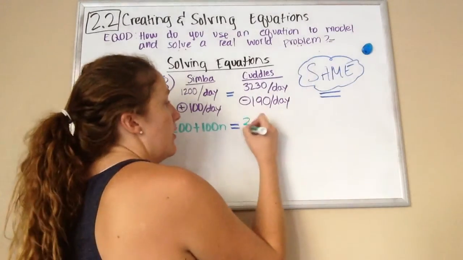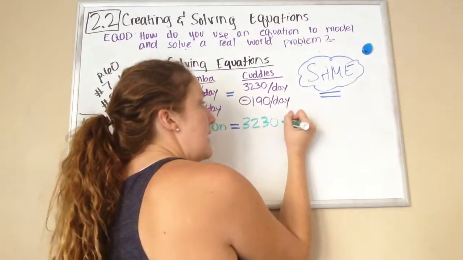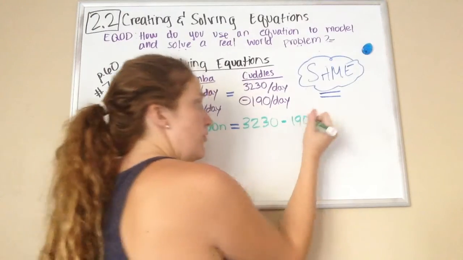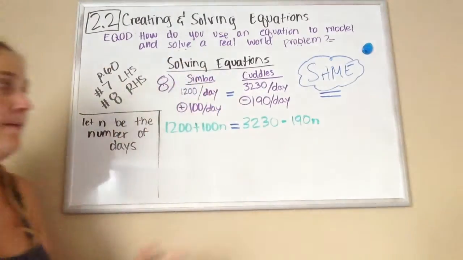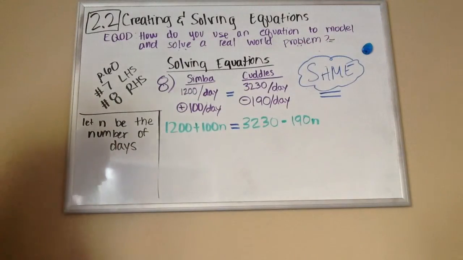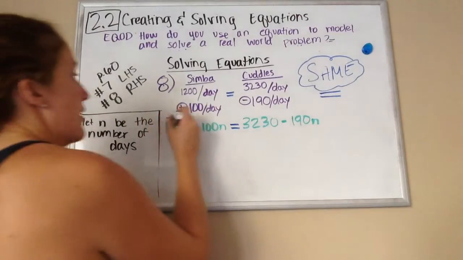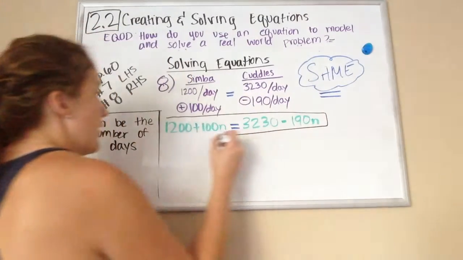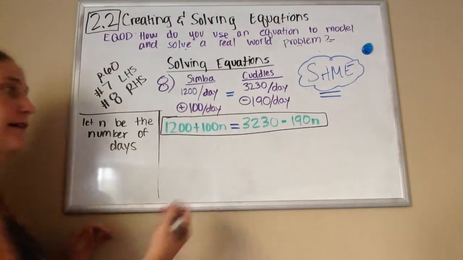Cuddles has 30 right now, and they are subtracting 190, but they don't just subtract it once, they're subtracting it every day. Now we've got to solve this equation for n.